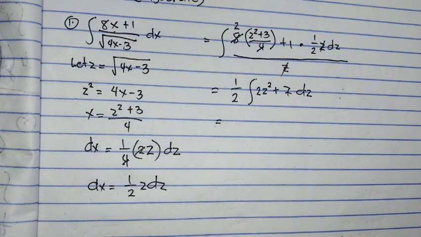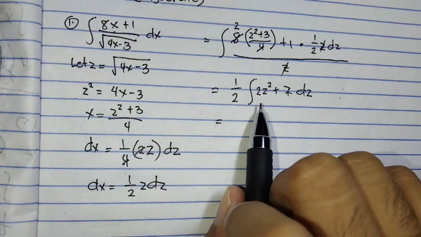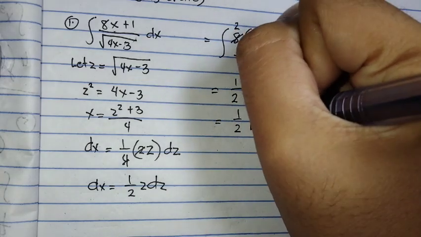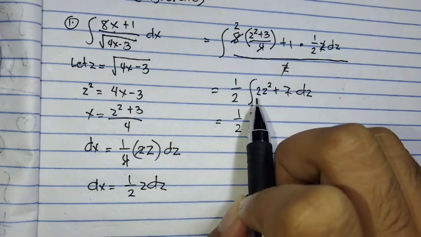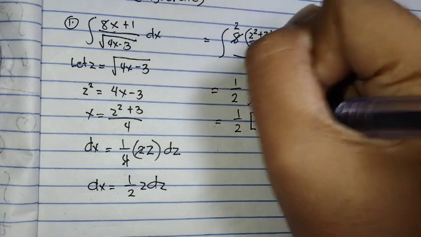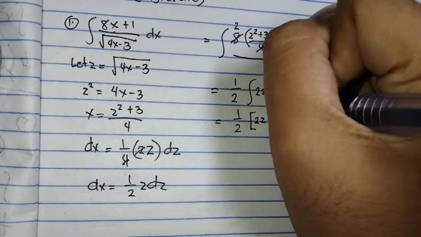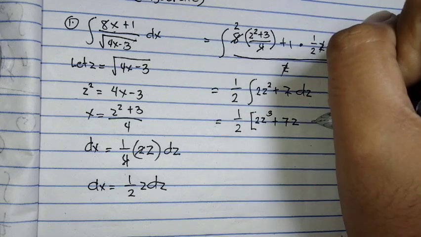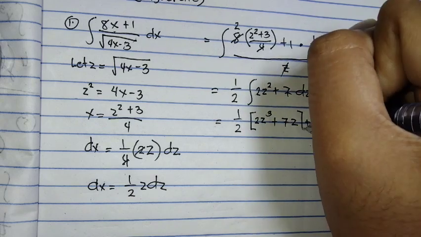Next is the integration of these terms. So 2z squared integrates to 2z cubed over 3, plus 7z plus c.